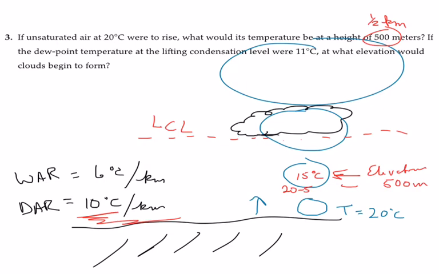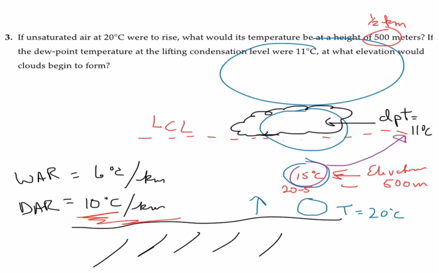What temperature? They say that the temperature where condensation begins, the DPT, dew point temperature, is 11 degrees Celsius. So now we need to make this chunk rise and cool 4 more degrees.